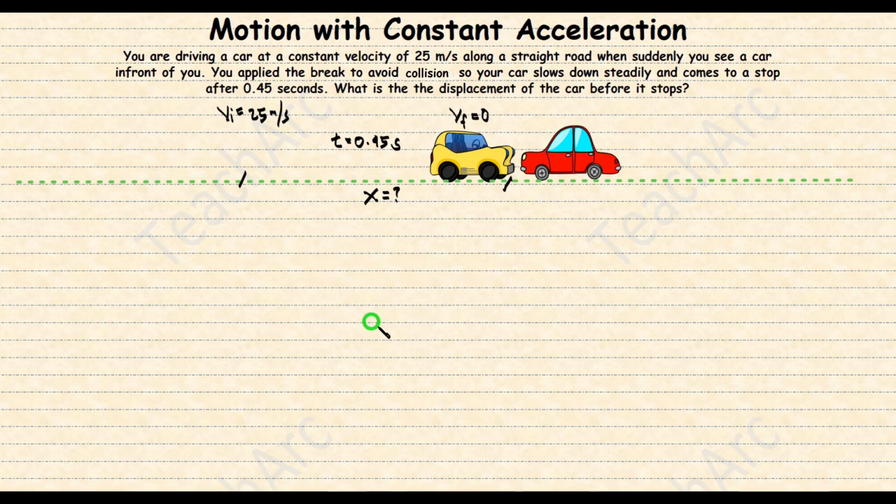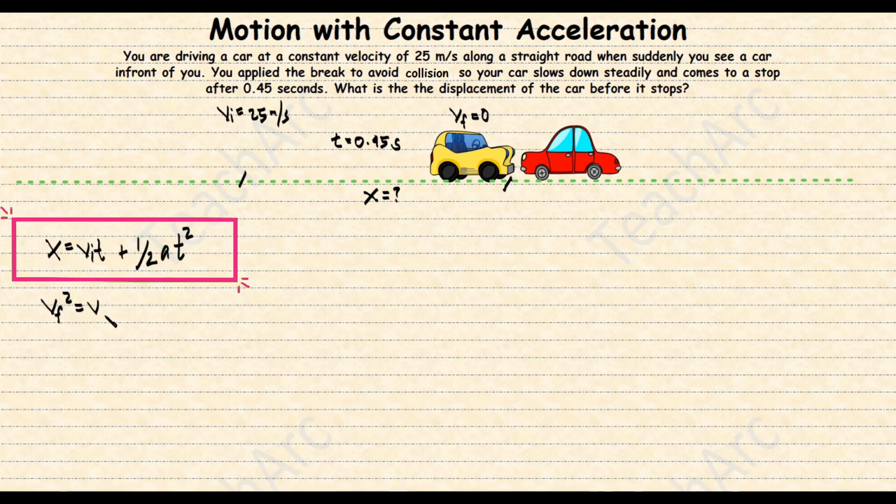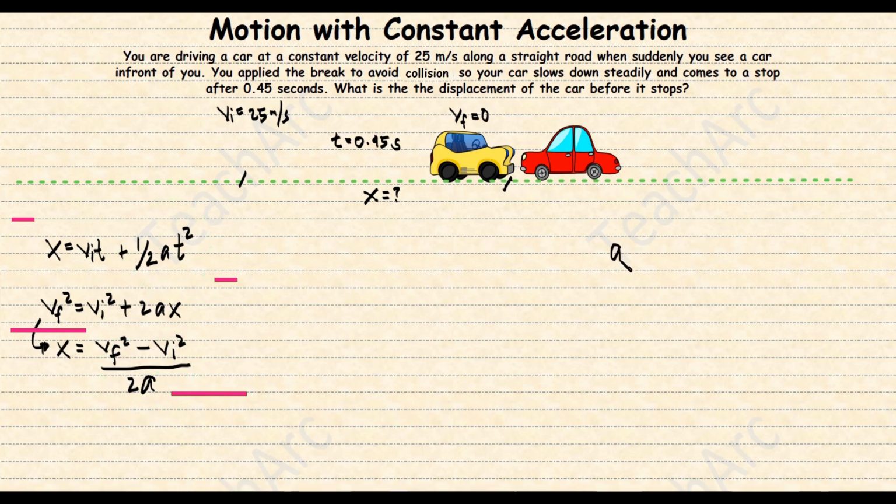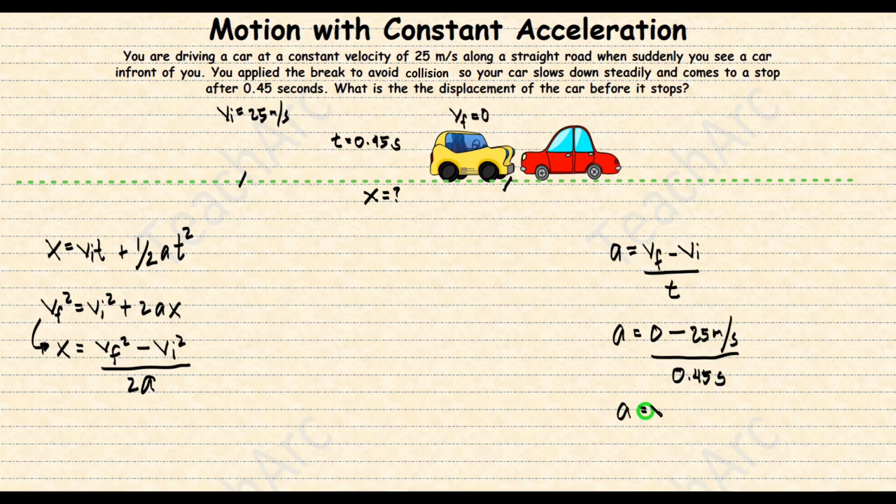From the formulas that I have mentioned, we can actually use both of these formulas to solve for the displacement. But we can't solve for the displacement without solving for the acceleration first. Since acceleration is equal to the final velocity minus the initial velocity over time, the car's acceleration will be negative 55.56 meters per second squared.